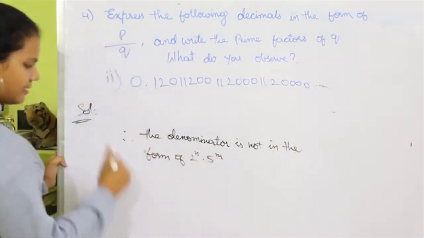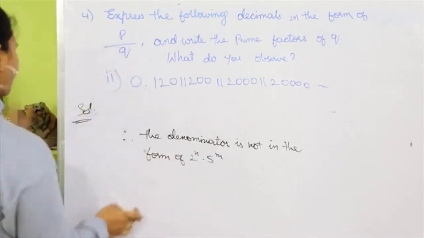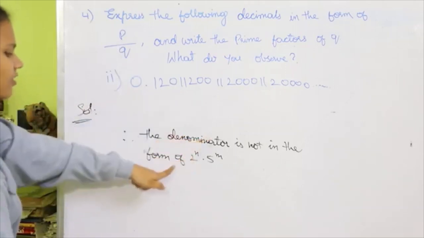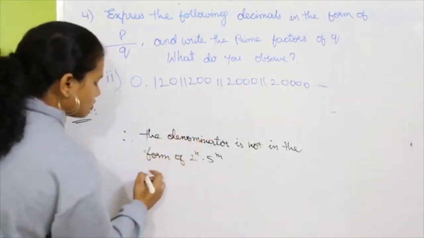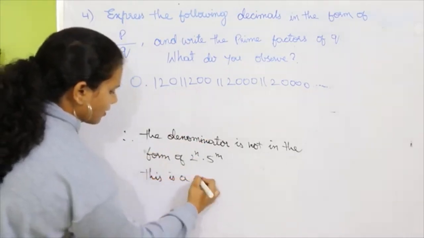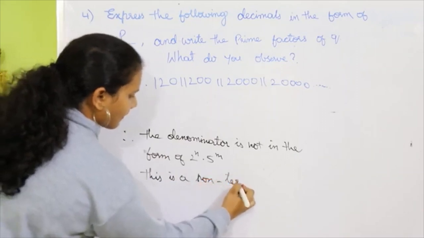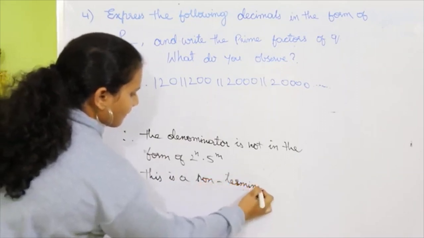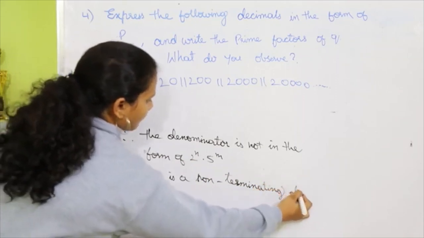The second statement is, if the denominator is not in the form of 2 power n into 5 power n, this will become a non-terminating decimal, guys. So this is a non-terminating decimal.